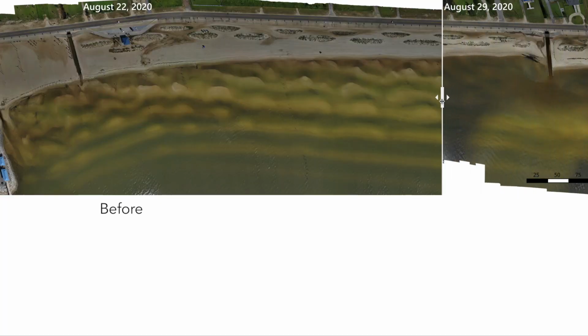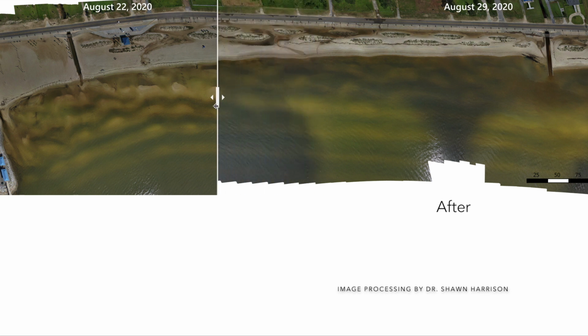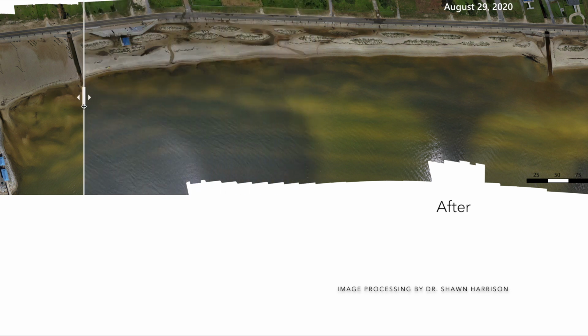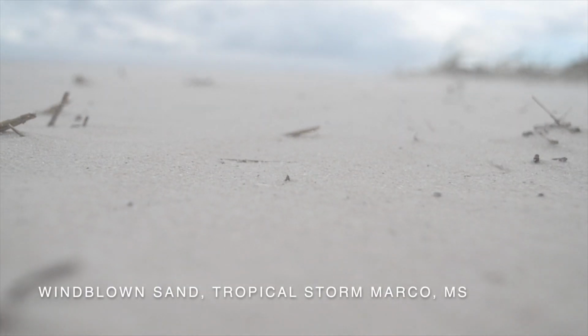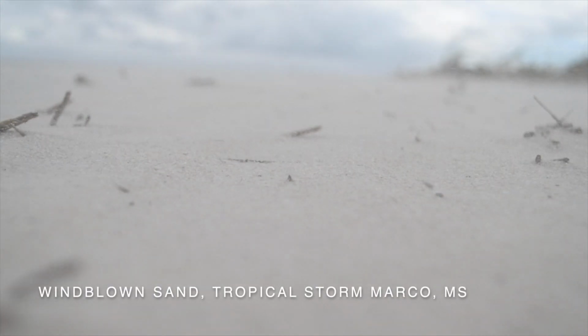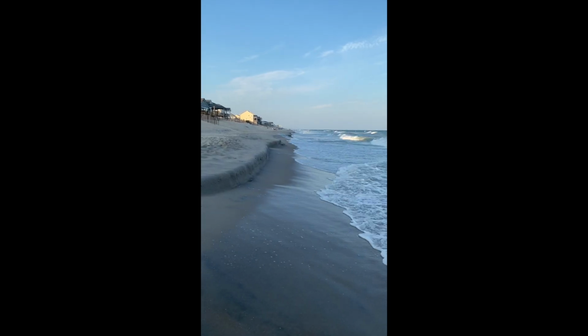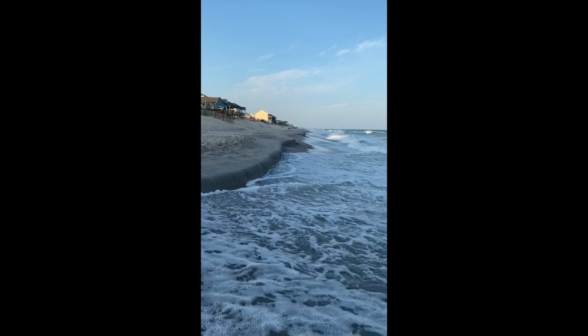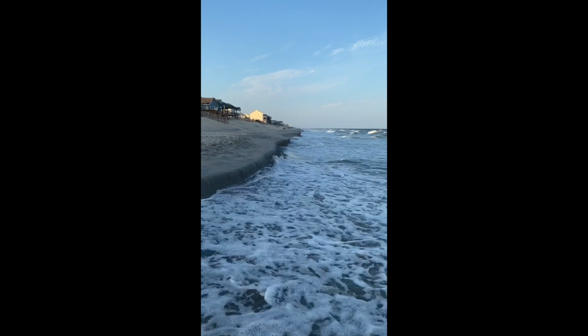We do this before and after storms to see where the topographic change occurred. These maps help us figure out if dunes accreted due to a significant amount of windblown sand being deposited in the dunes, or if the wave run-up was so large that it eroded the dunes. These maps give us clues about the processes acting on beaches during storm events.